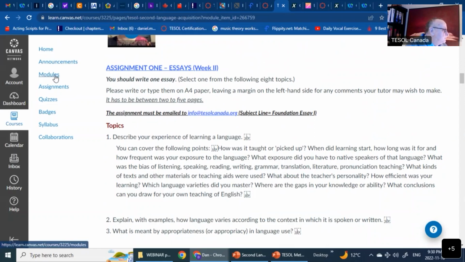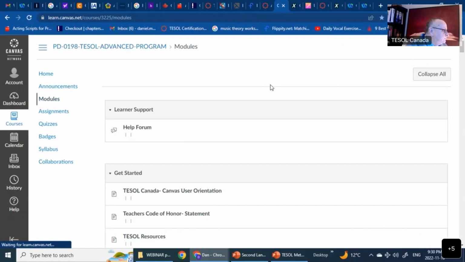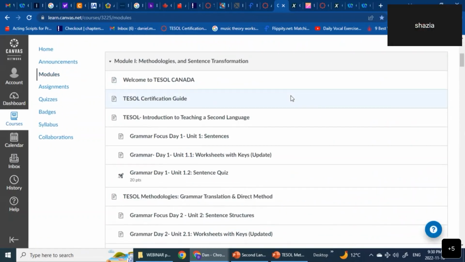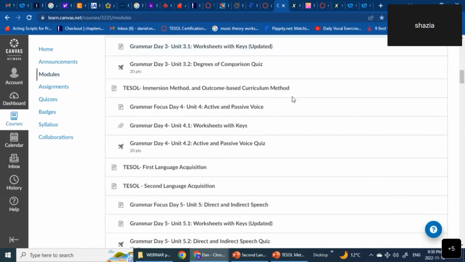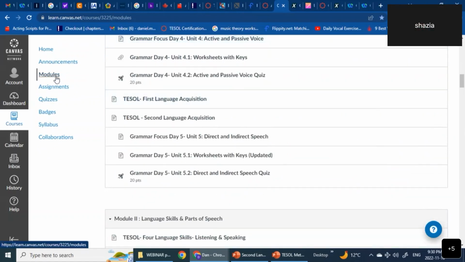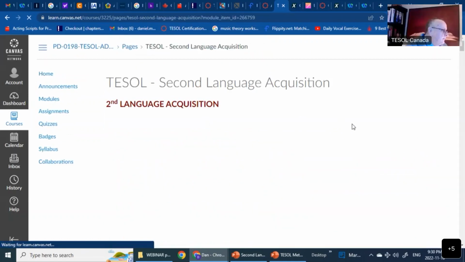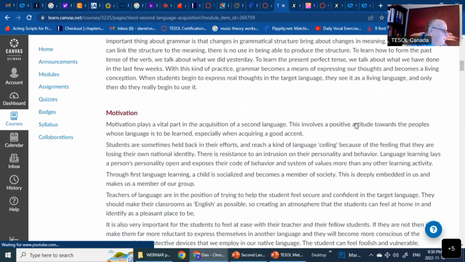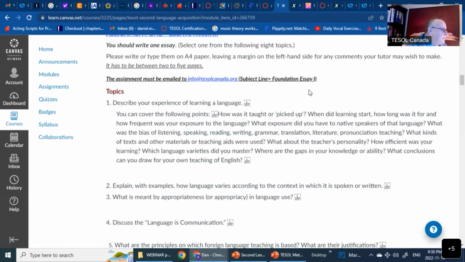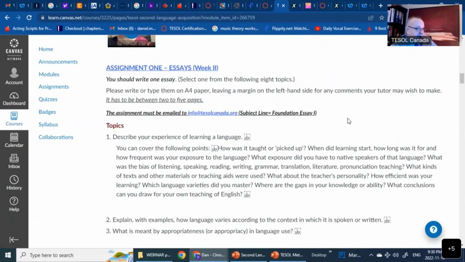So under modules, go to second language acquisition, and if you scroll down this page, that's where you have the information for your first essay, your foundation essay. You can go to that section on Canvas and work away on your essay, and then this gives you the email address to submit it to.